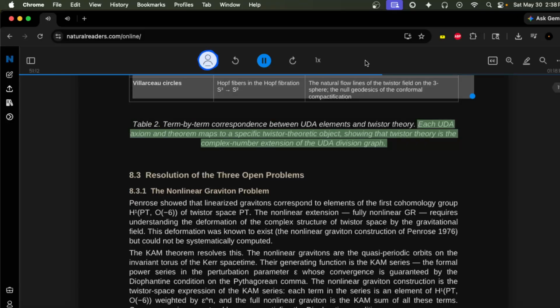Each UDA axiom and theorem maps to a specific twistor theoretic object, showing that twistor theory is the complex number extension of the UDA division graph.